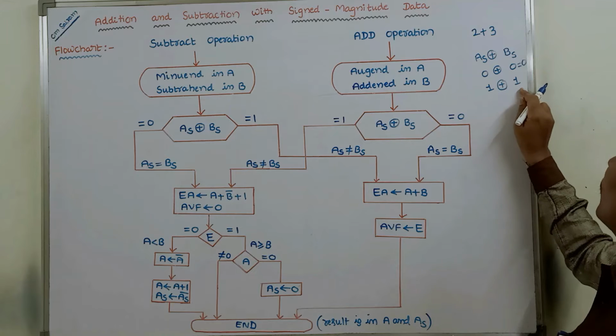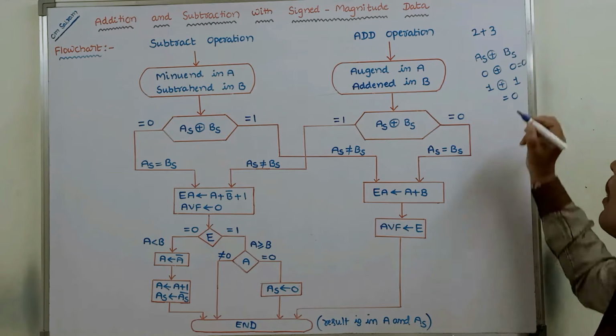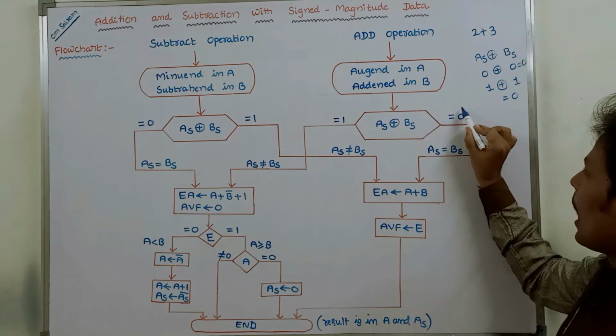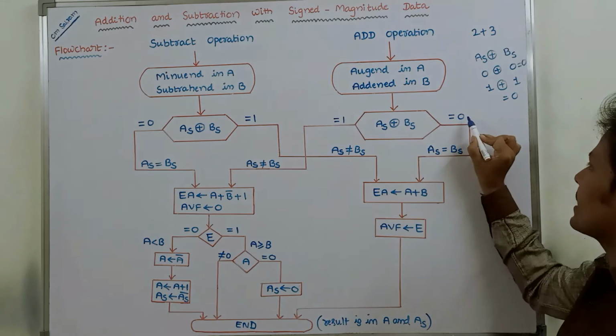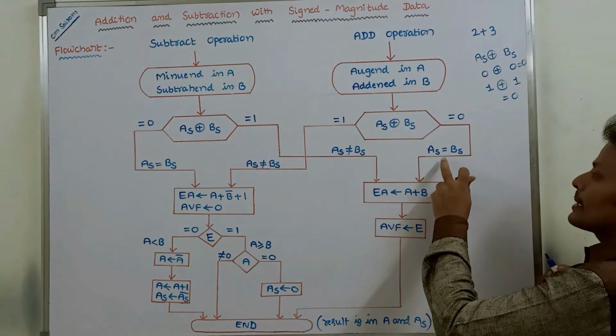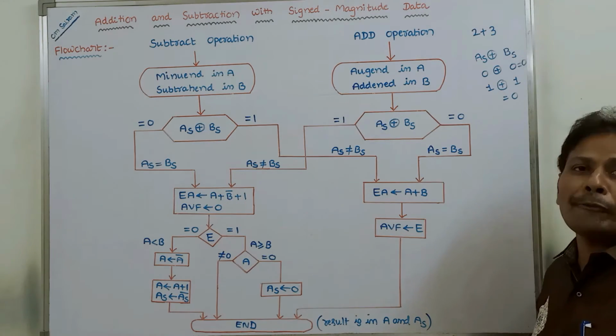Here also both bits are the same, so the output is 0. So the output of this exclusive OR gate is 0 whenever the sign bit of A is equal to the sign bit of B.